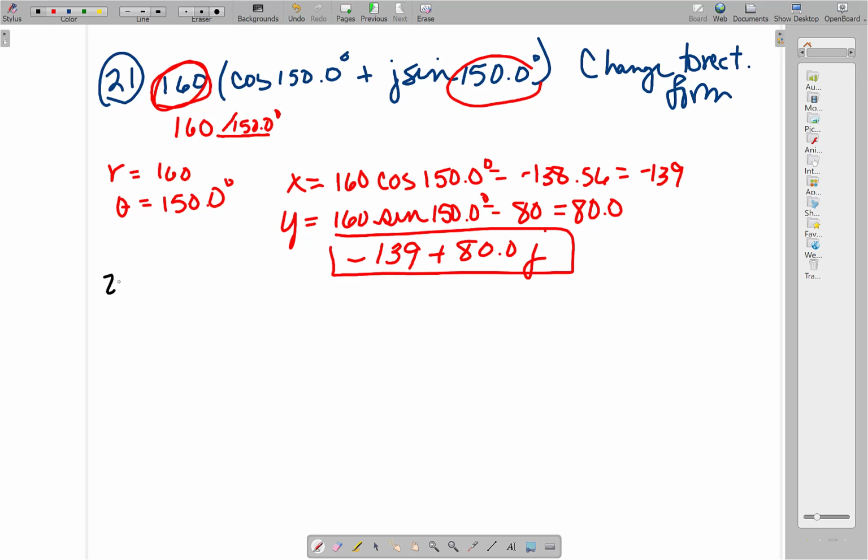Okay, let's try 23. Number 23 states 3.00 times the cosine of 232.0 degrees plus j sine of 232.0 degrees.